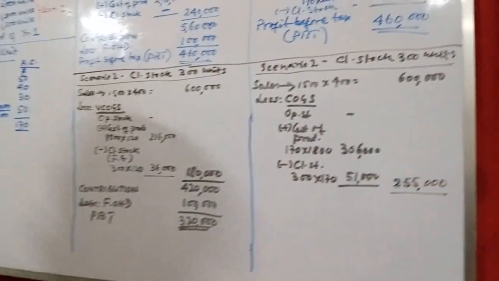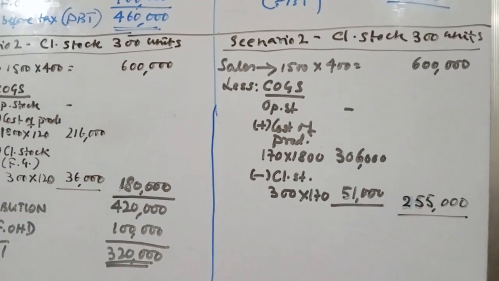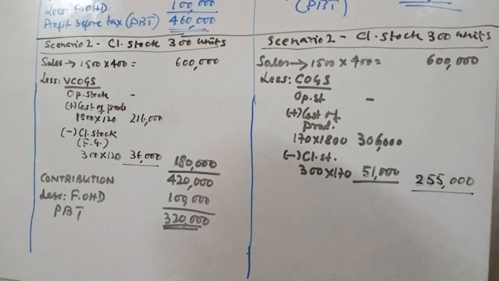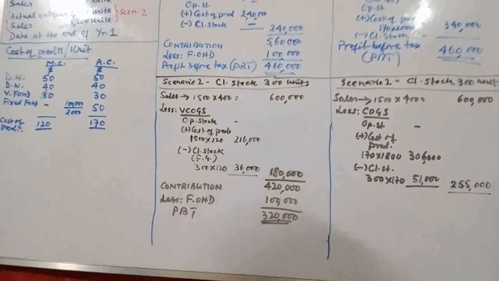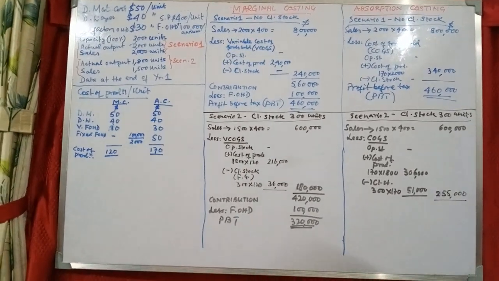Right? Closing stock is 300 units into 170. Correct?